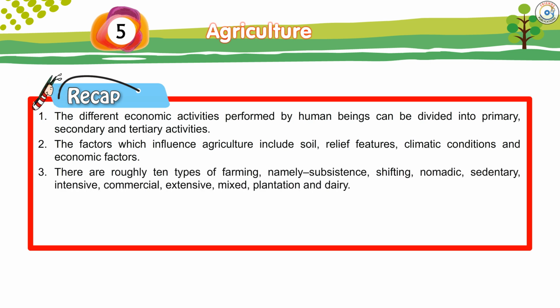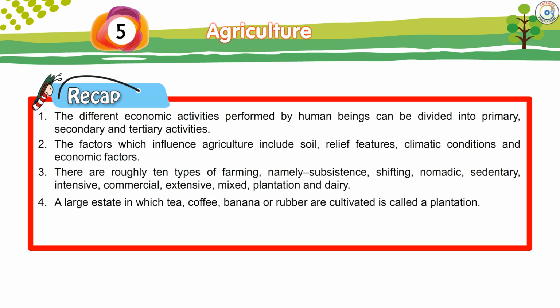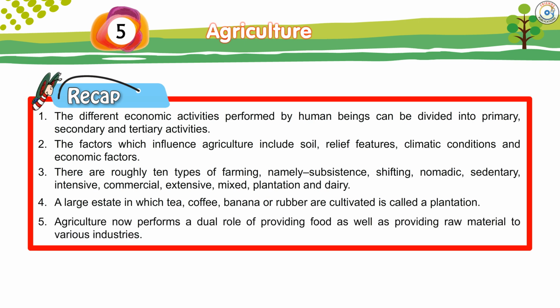There are roughly 10 types of farming, namely subsistence, shifting, nomadic, sedentary, intensive, commercial, extensive, mixed, plantation, and dairy. A large estate in which tea, coffee, banana, or rubber are cultivated is called a plantation. Agriculture now performs a dual role of providing food as well as providing raw material to various industries.